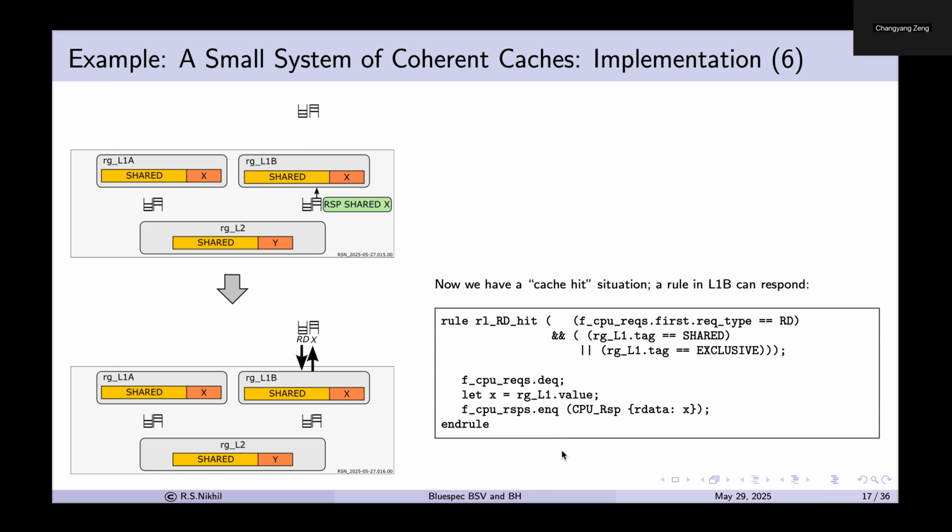I think I can say my question in another way: because we have a set of rules, can we do reasoning, just like other theorem provers like Coq, in Bluespec since you have a set of rules? We don't have an automatic way of doing that.